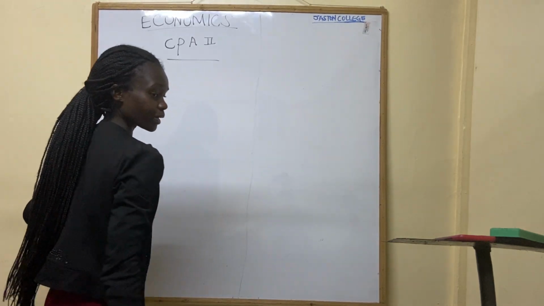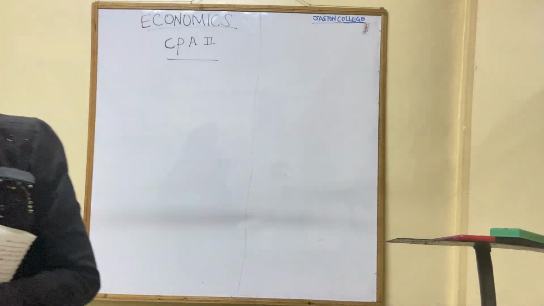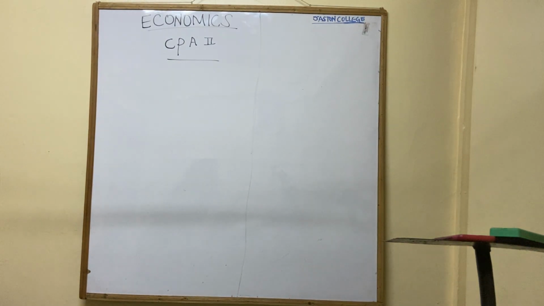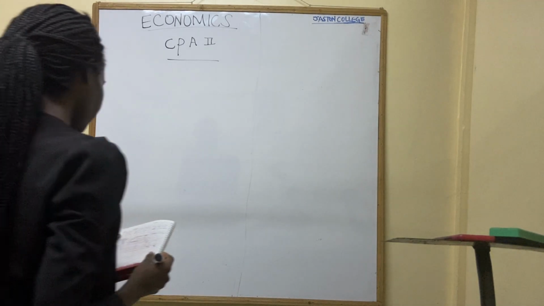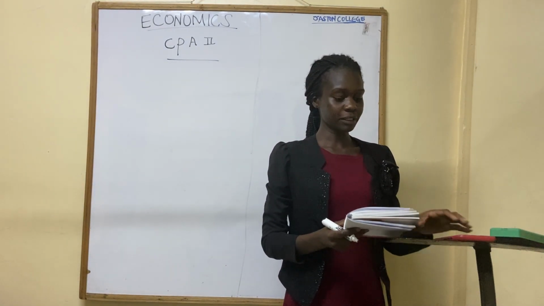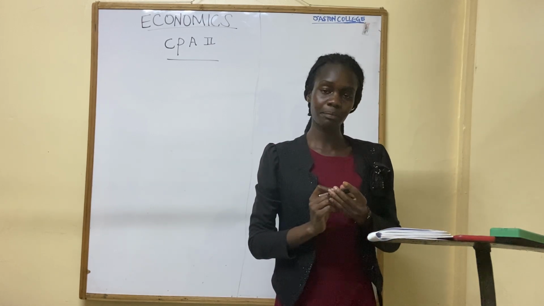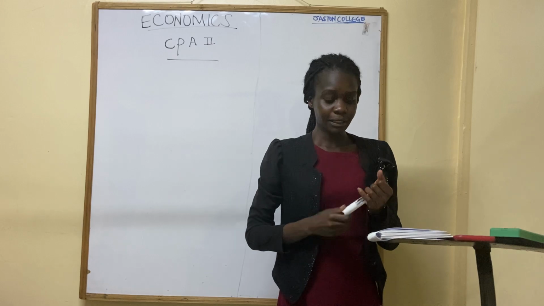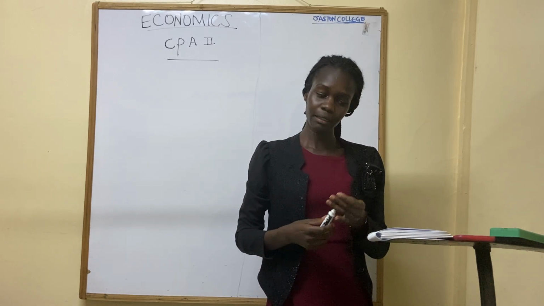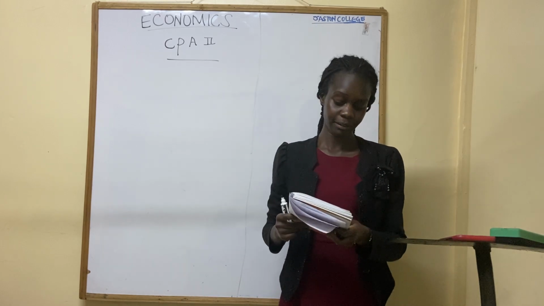First, we are going to discuss the meaning of supply. Supply generally is the quantity of goods or services per unit which suppliers are willing and able to take to the market at a given price.